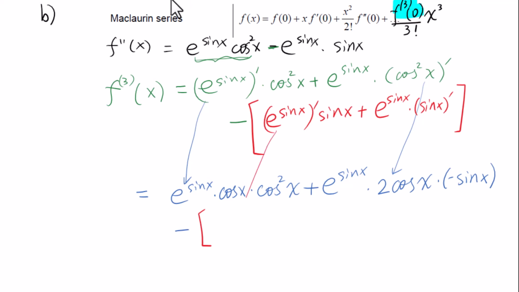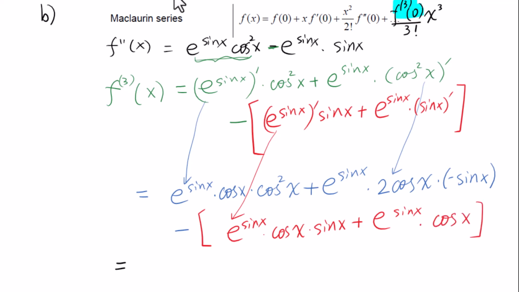bracket. From here, we will get e to the sin x times cosine x times sin x plus e to the sin x times cosine x, equals e to the sin x times cosine x to the third power minus 2 e to the sin x cosine x sin x.